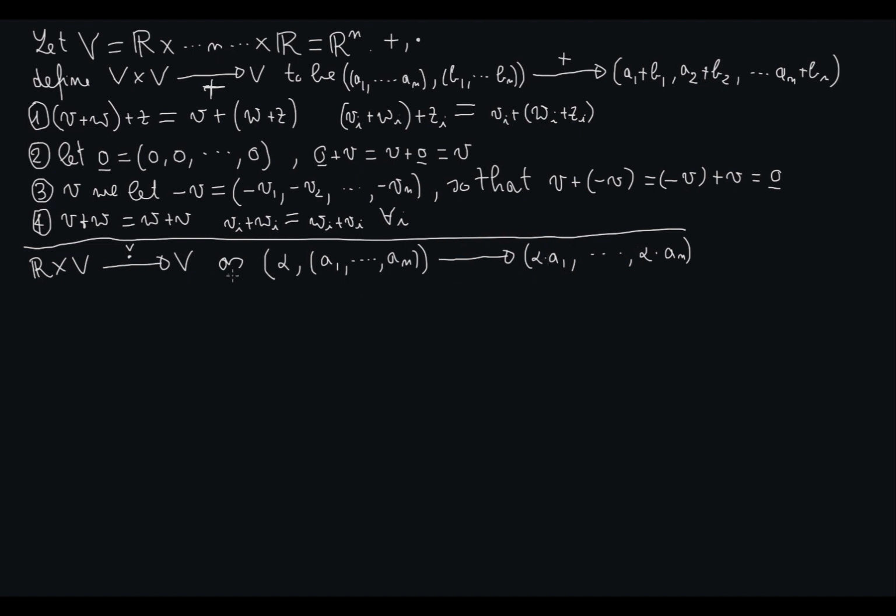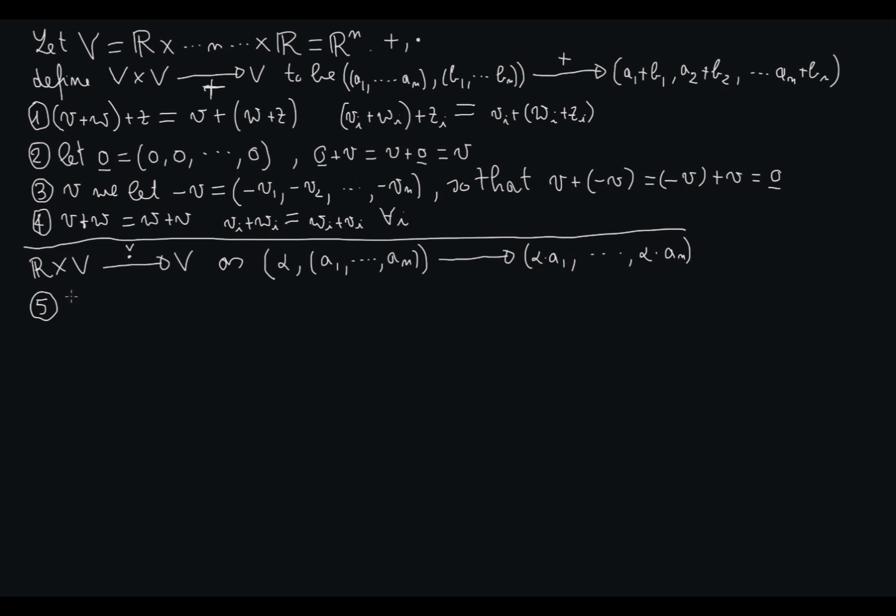Okay, so this is the operation dot V, and we have to check the four more properties, if you remember the previous talk. The fifth is associativity with respect to multiplication inside R. So we have to show that these two n-tuples are the same.